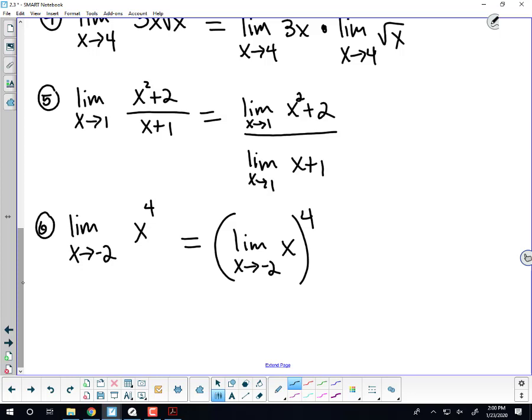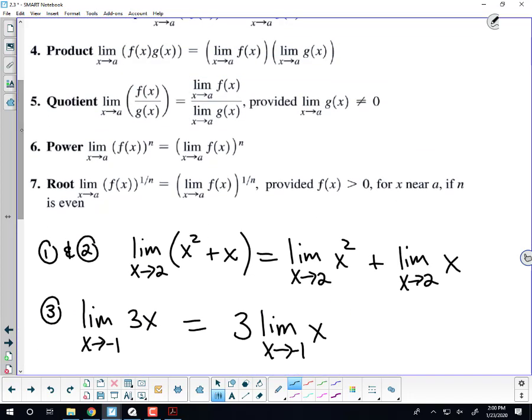And then the root. Notice the property for the root says that the limit is able to pass inside the root, like the power, provided that the function is greater than 0. Because it says if n is even, right? So this specifically is talking about even roots.